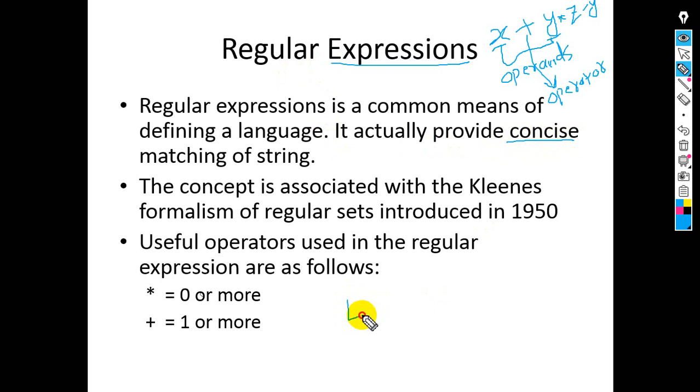For example, I am writing a language right here: the null string, then we have A, double A, then triple A, 4 times A, 5 times A, up to infinity.